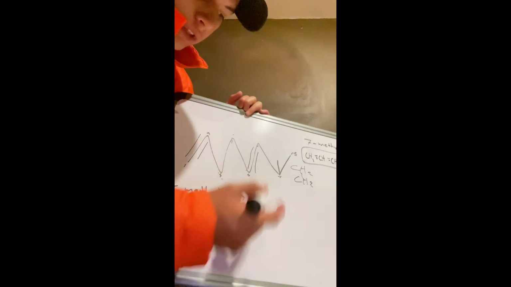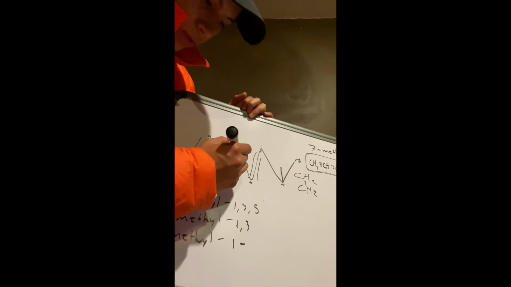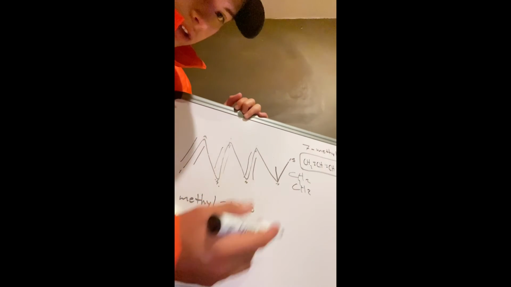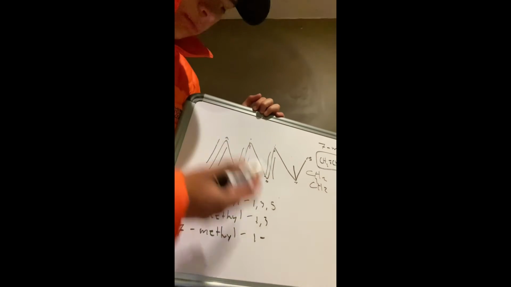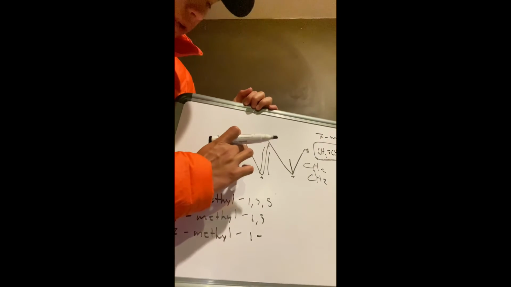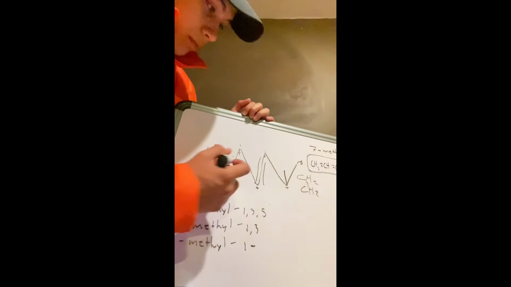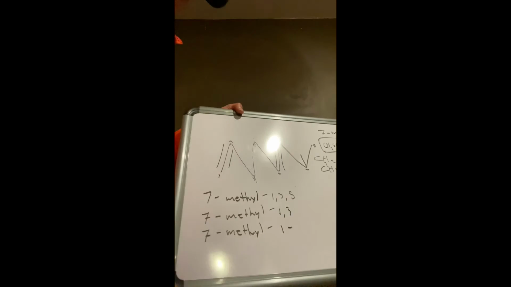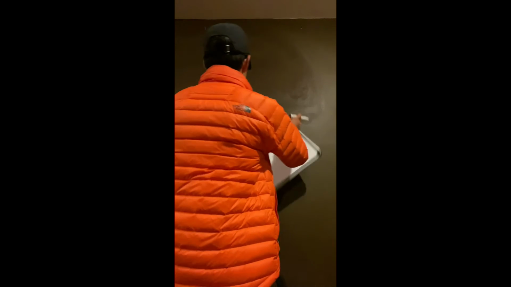So we have tri for 3, like this, because we have 3 double bonds. But if we only have 2, it will be di, from 2, as the numbers.